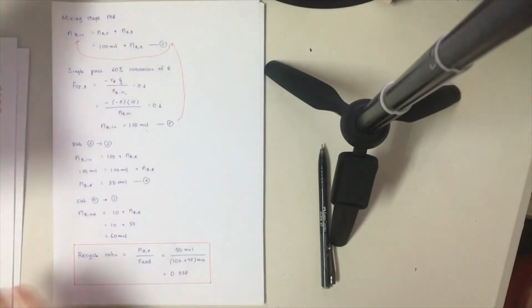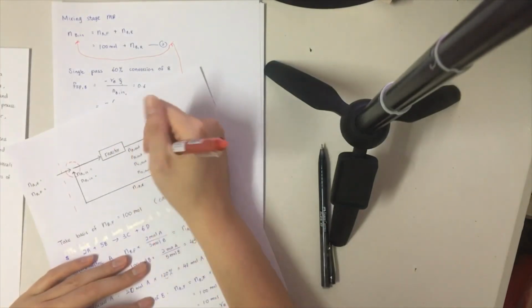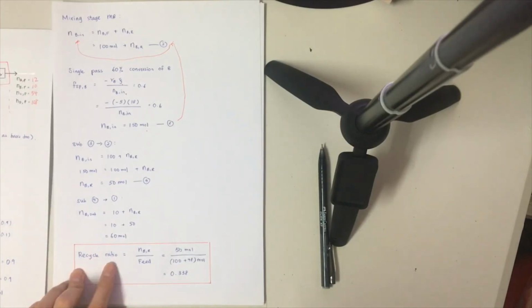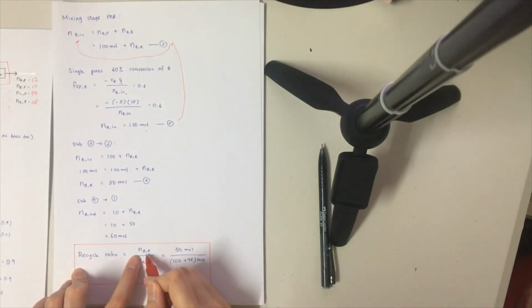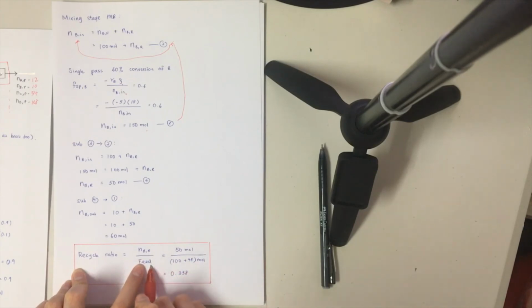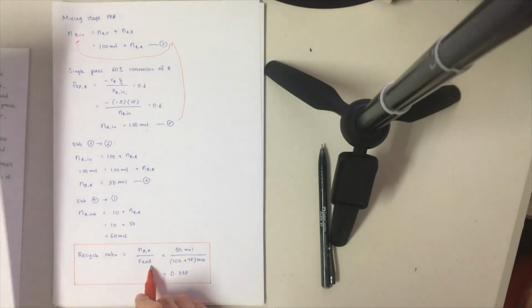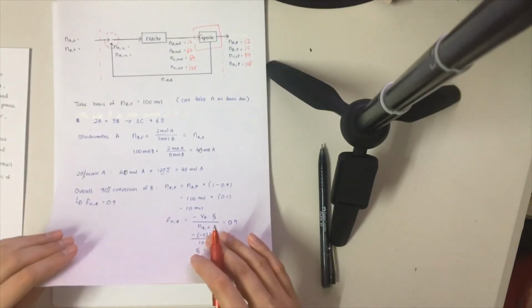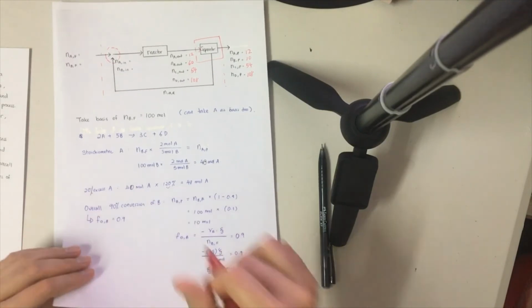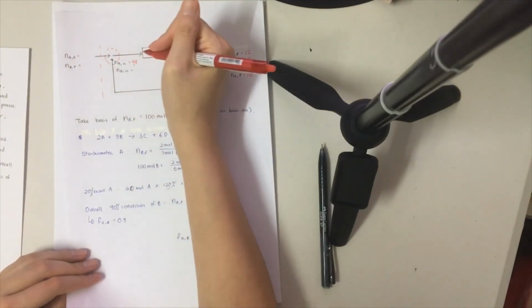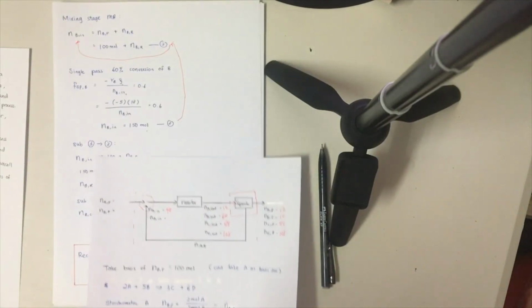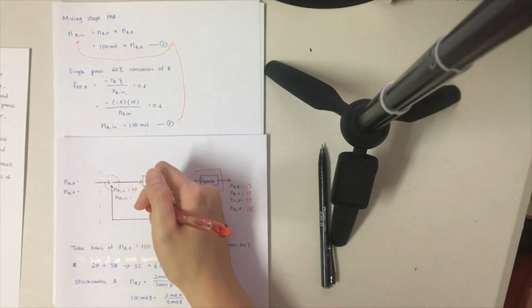Let's write it down. Therefore, the recycle ratio is the number of moles of B in the recycle stream over the feed. Since we found NA in is 48 and NB in is 150.